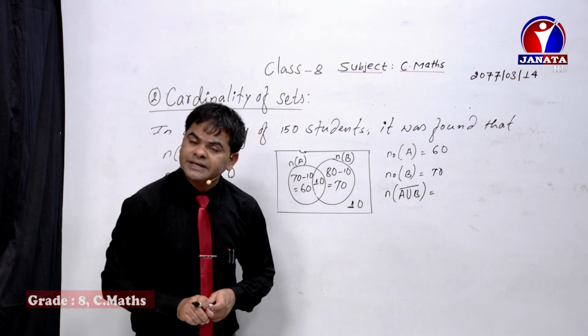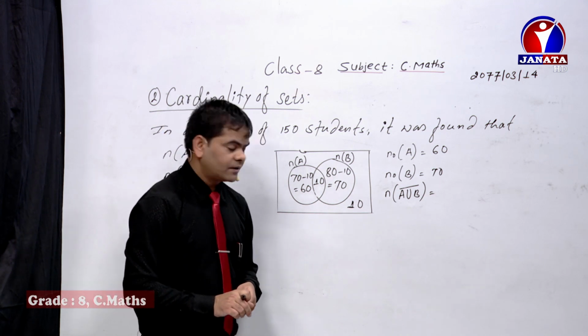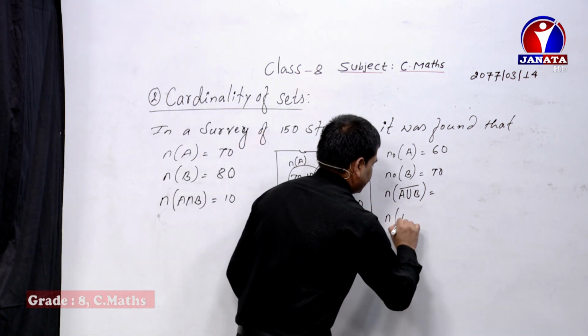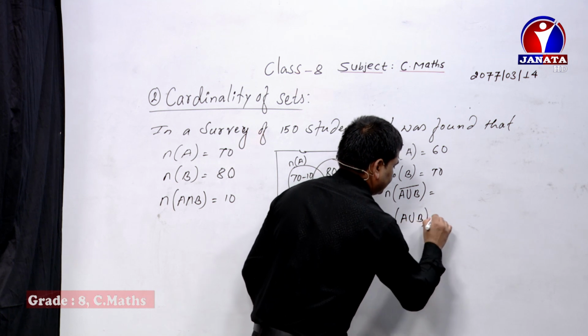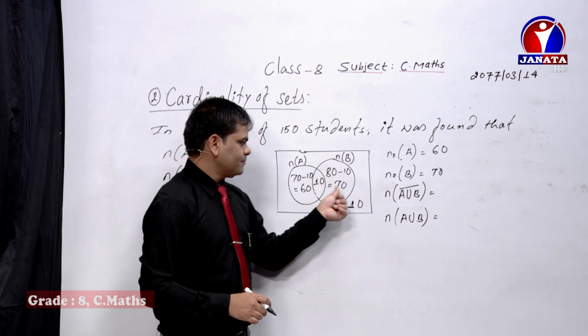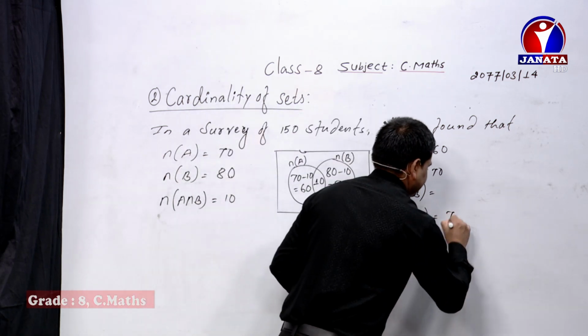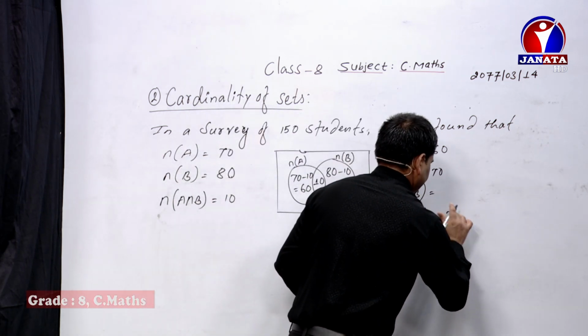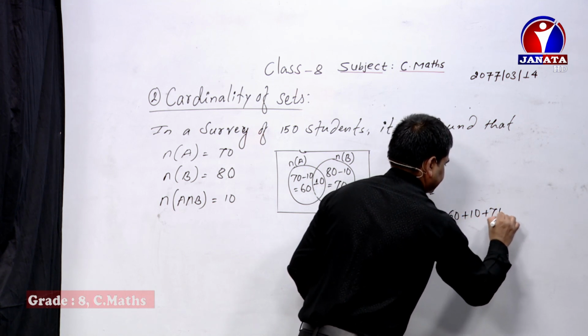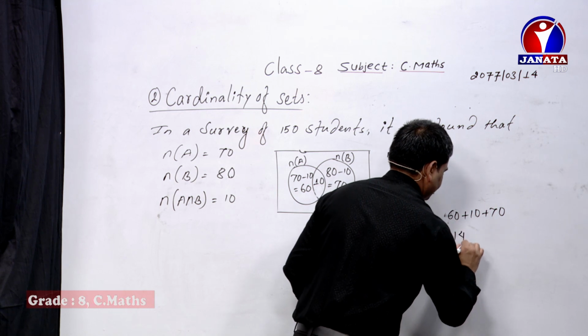If we add together or combine together, then it will be A union B. So the next question may be to find the number of A union B as well. So at that time, what we have to do is 60 plus 10 plus 70, altogether 60 plus 10 plus 70 equals 140.